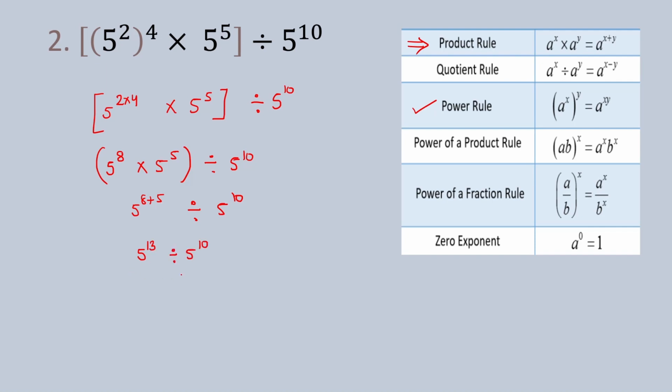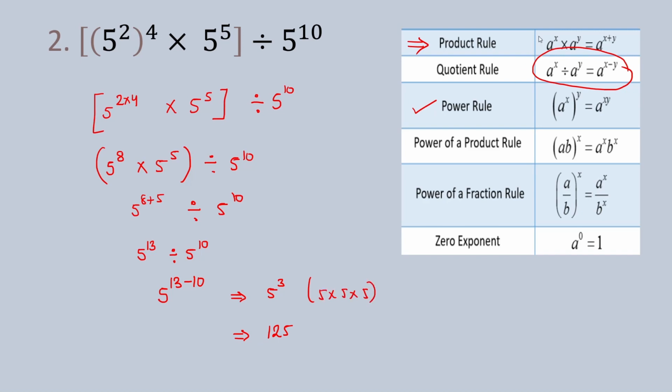Now again bases are same. There is a division operation. So we will apply the quotient rule where we need to subtract the denominator exponent from the numerator exponent, which is equal to 5 raised to the power 3, and if you solve it you will get 125, which is 5 into 5 into 5.